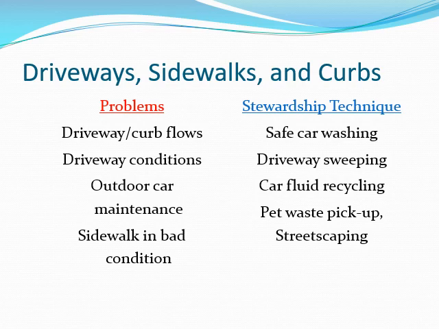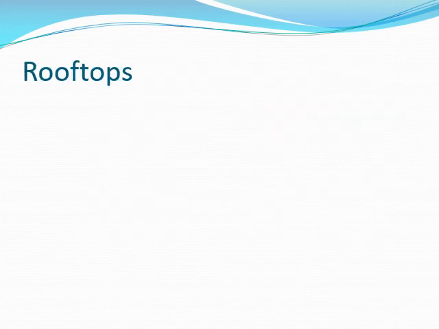If you're seeing sidewalks in bad condition, maybe when those sidewalks are repaired, they can be repaired with a pervious sidewalk. Or maybe there's an opportunity for some street trees in your community.